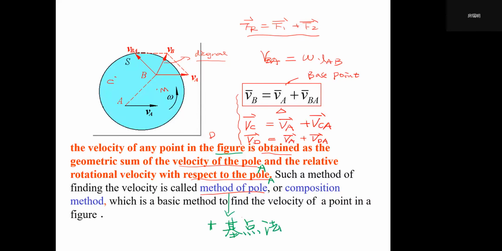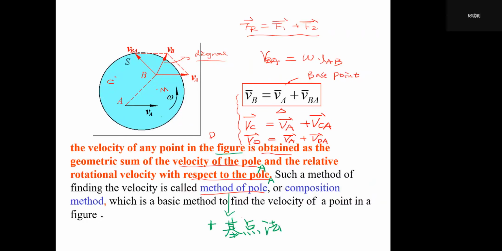So here, pole, well, I think it's easier for you guys to understand it as the reference point. That means we should select a point on this plane figure as the reference point.